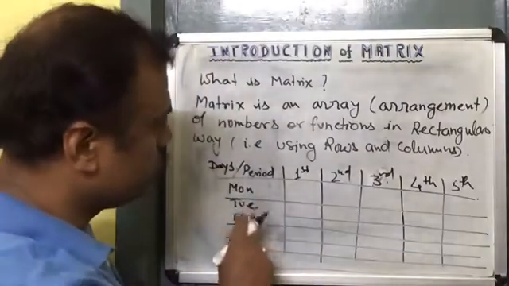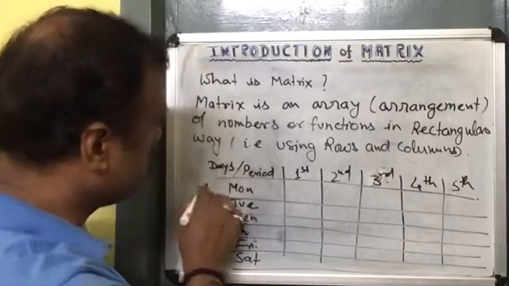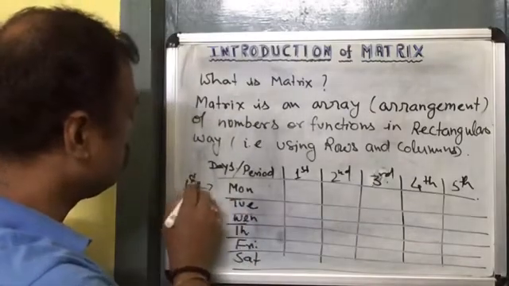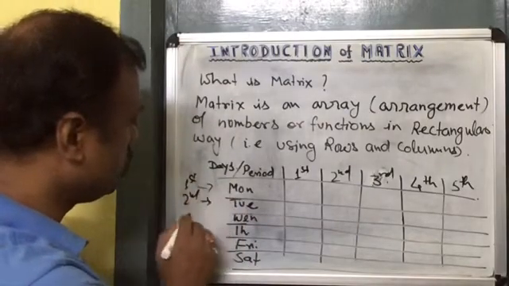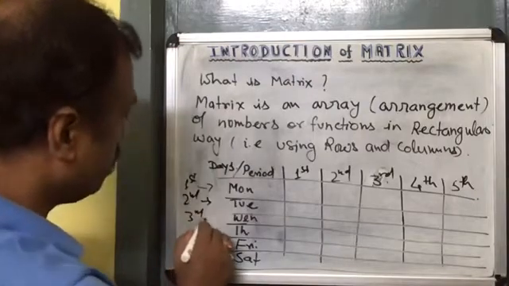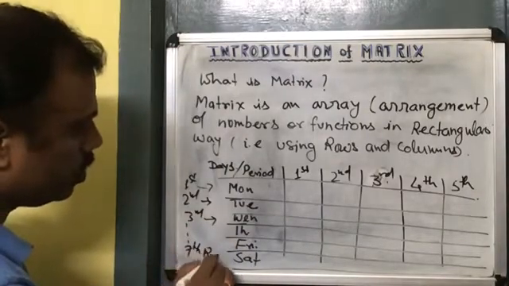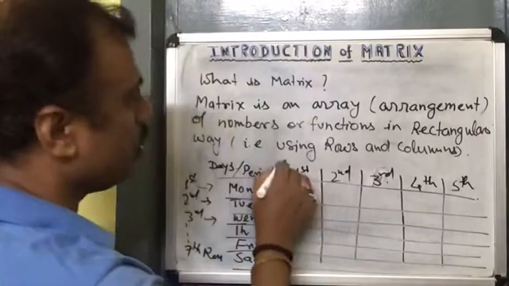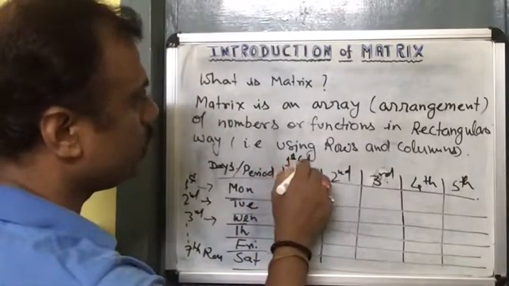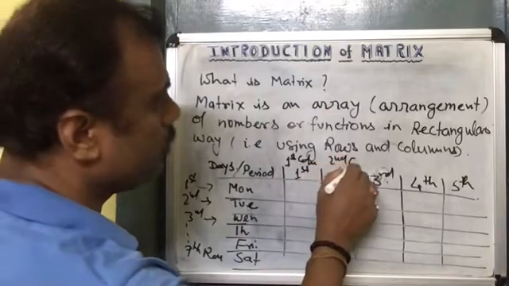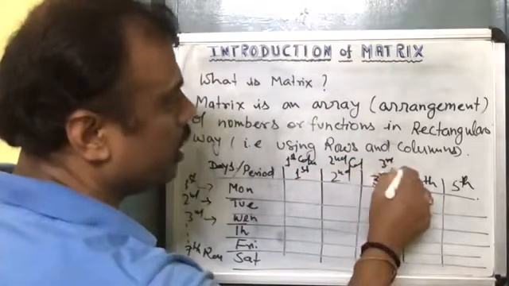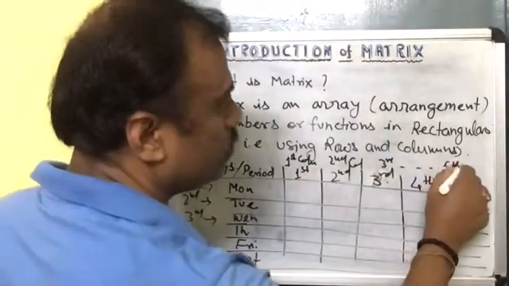I have used rows: first row, second row, third row, and similarly seventh row. And these are the columns: first column, second column, third column, and so on, fifth column.